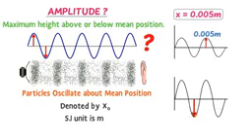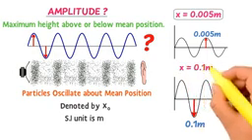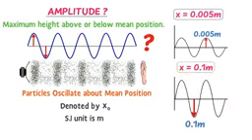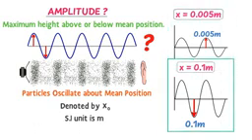Let's suppose that the length of this peak point from the mean position is 0.1 meter. So the amplitude of this wave is x0 equal to 0.1 meter. Thus we can also state that the amplitude of this wave is smaller than the amplitude of this wave.